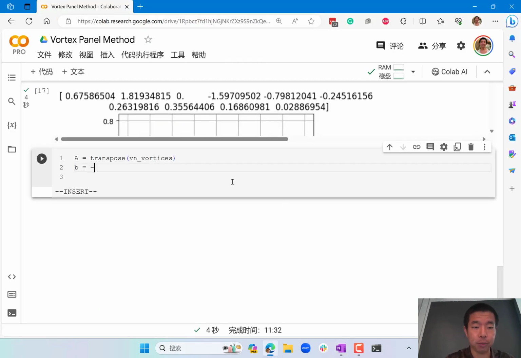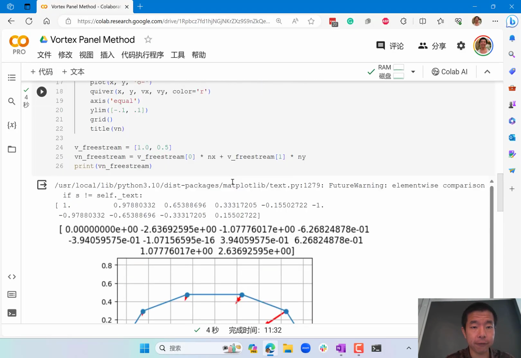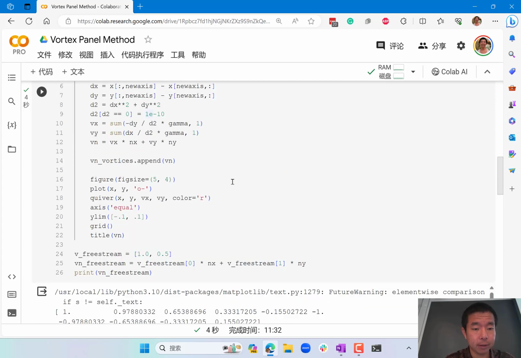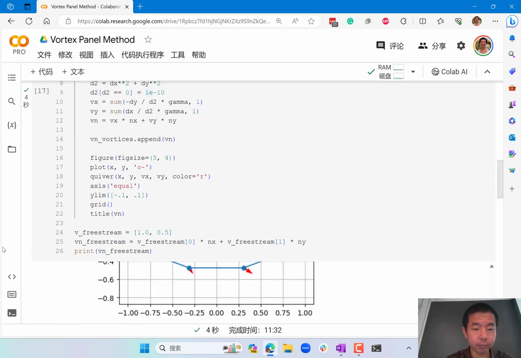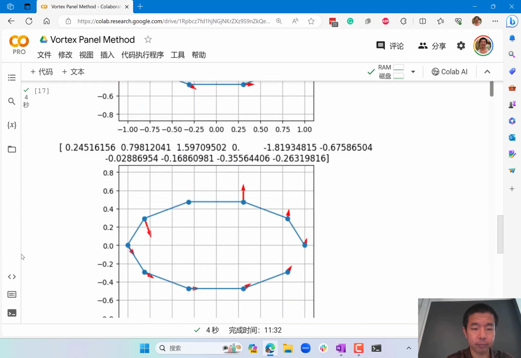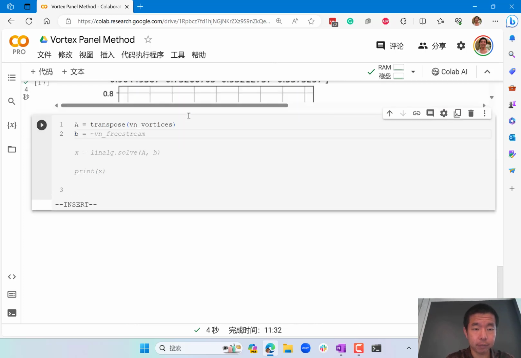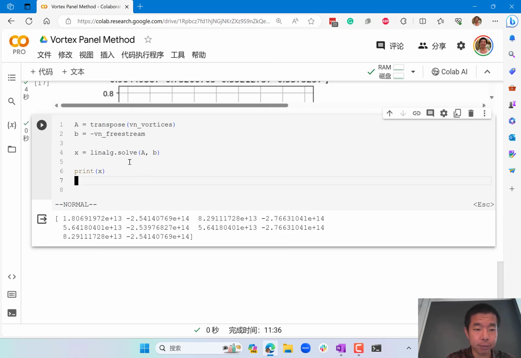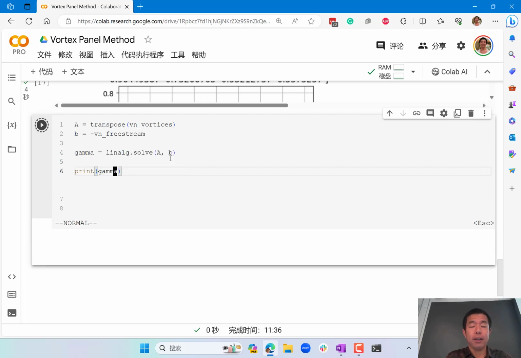So B is equal to minus the Vn free stream. Okay, so if I solve it and print x, I would get a vorticity distribution. Let me just denote it as gamma.